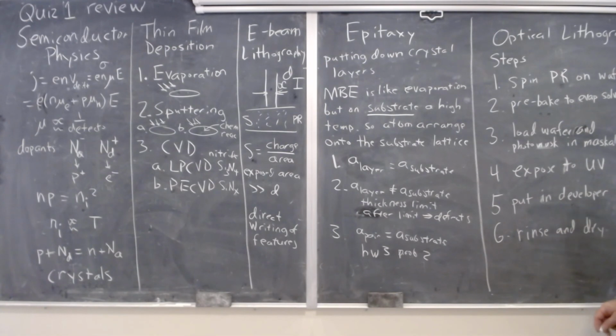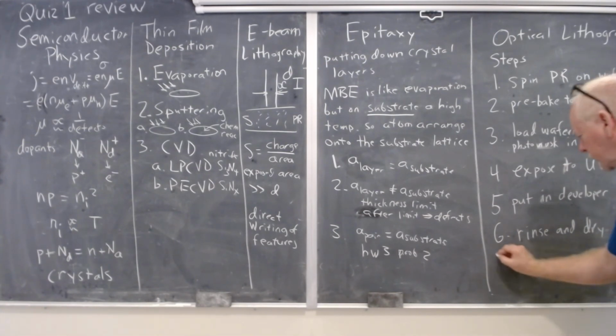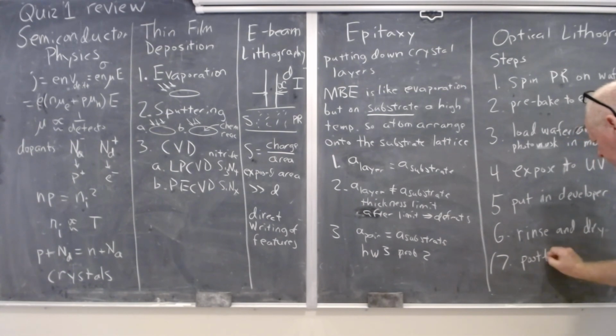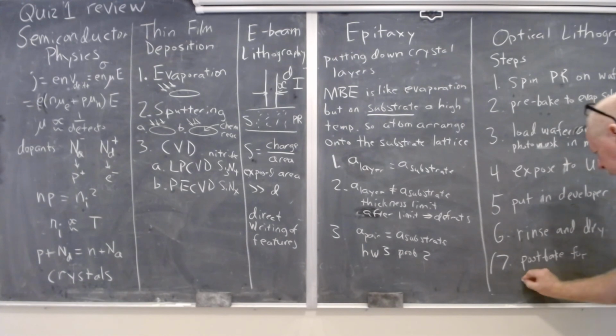And then basically what I'm going to do is put 7, you post-bake for etching steps. Okay, so I put that in parentheses because that's an optional step that you only do if the resist is meant to be what it sounds like, which is really resist something like etching, like in an acid bath or something like that.